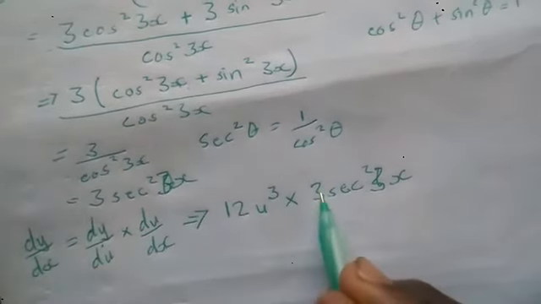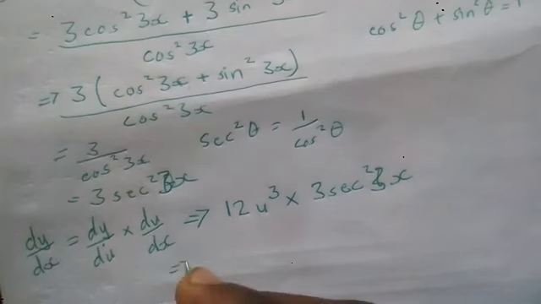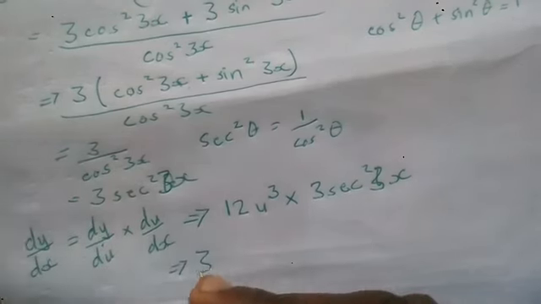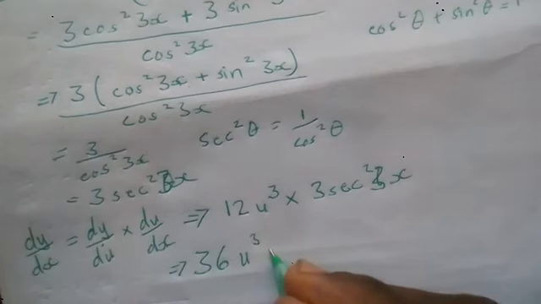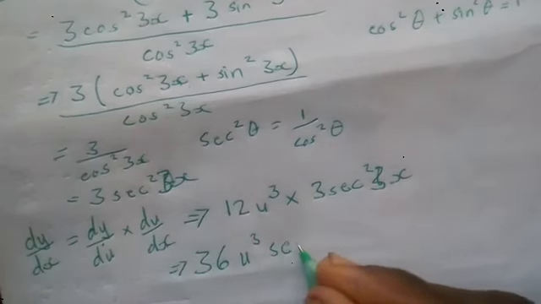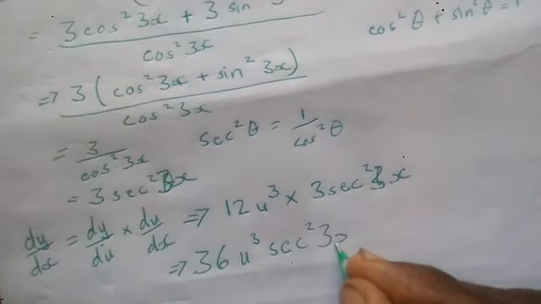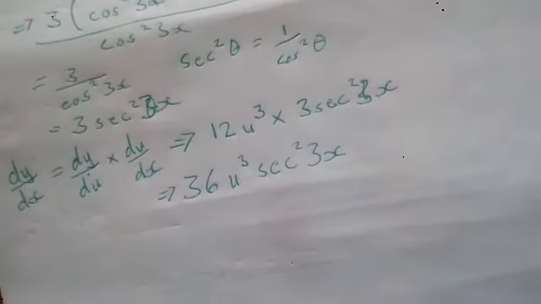When you multiply, you will get 36 u cubed sec squared 3x. I hope you are understanding.